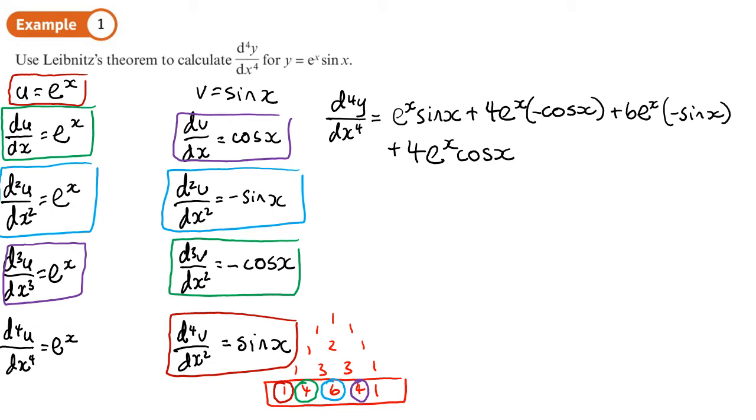And then the last one, I haven't used orange, so I'll use that one. So that times by this with a coefficient of 1. So plus e to the x sine x. So we will tidy up our answer.